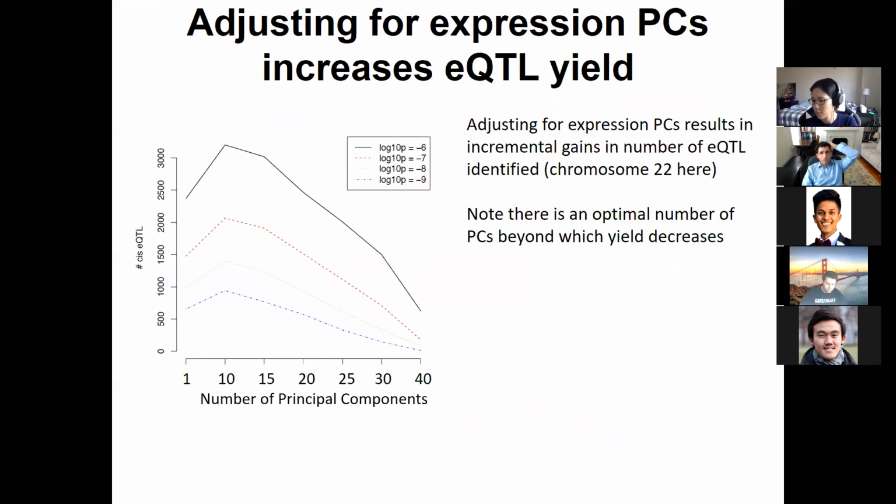So we can basically adjust for the expression principal components, and what you can do is measure, as you correct for more and more principal components, what is the total number of eQTLs that you're discovering. And what you can see is that after you include 10 principal components, your power is maximized. You discover many more QTLs.